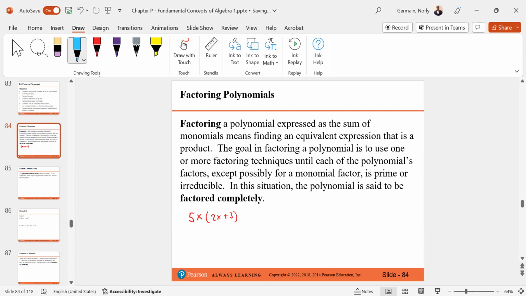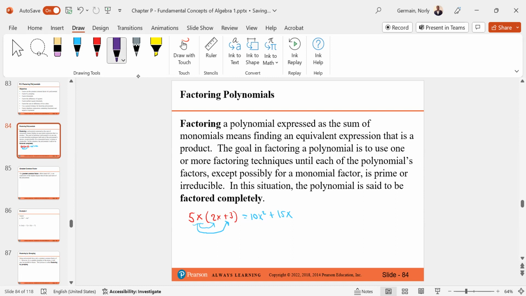We multiply the term outside of the parentheses with each term inside of the parentheses. So we do 5x times 2x, which gives us 10x squared, and we also do 5x times 3, which gives us 15x.